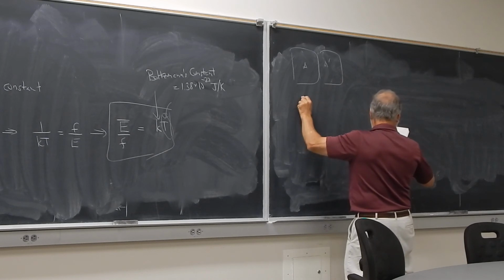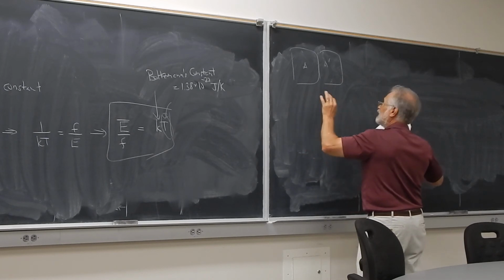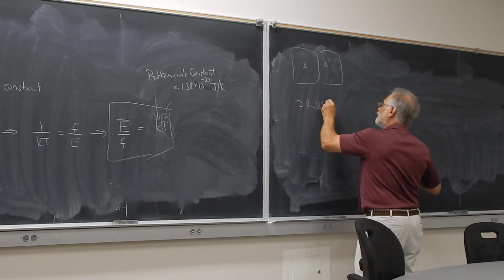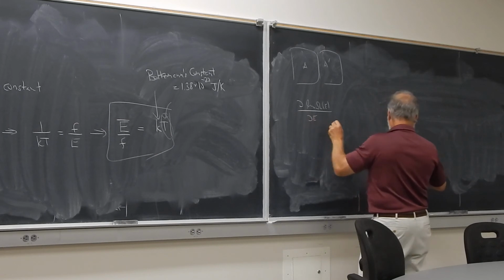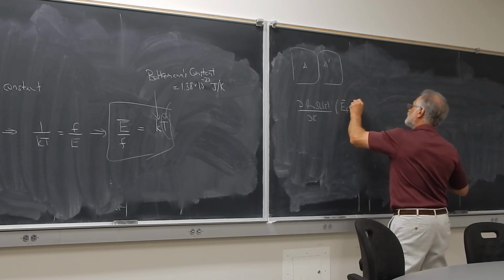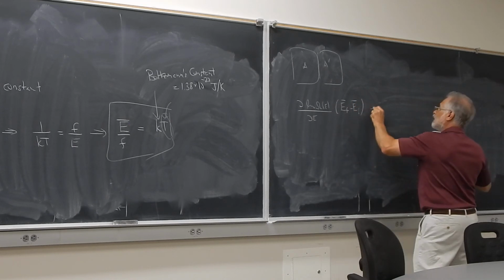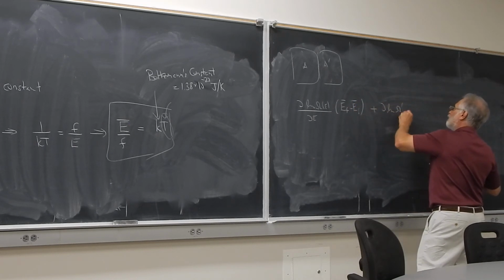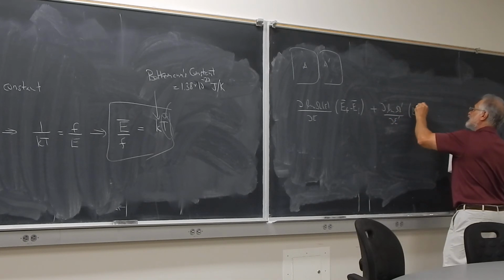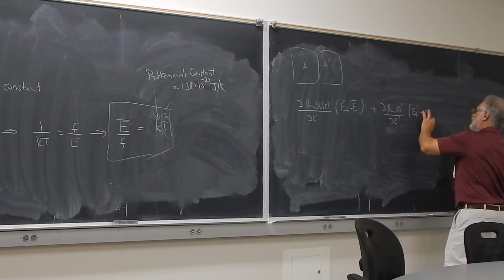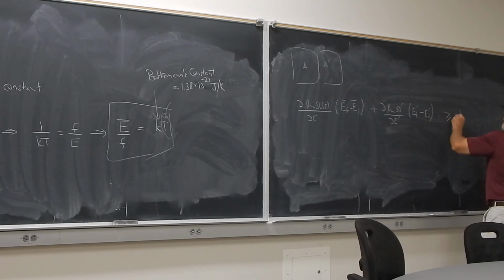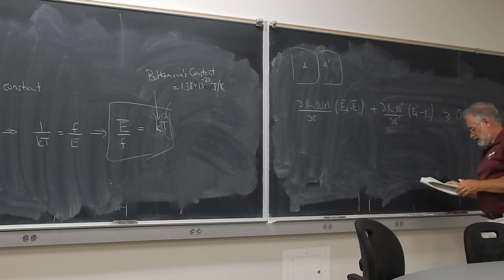Let me write the condition that the entropy must increase in this way. d log of omega of E dE times E final minus E initial, plus d log of omega prime dE prime times E final prime minus E initial prime, must be greater than or equal to 0.